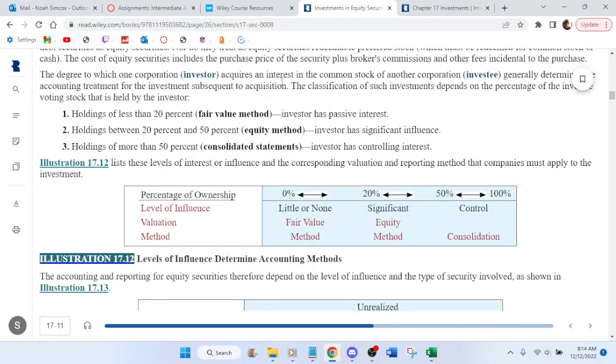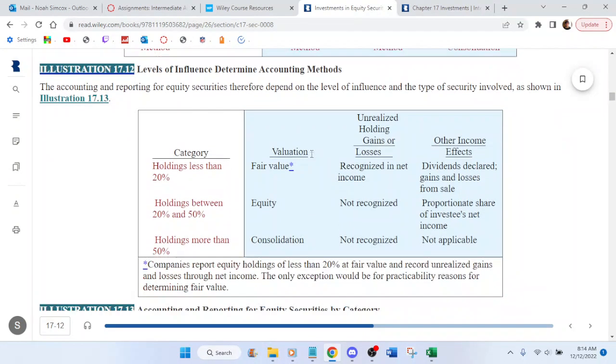If you have little influence, you use fair value method. If you have significant influence, use equity method. And then if it's 50% to 100%, it's consolidation. Okay. Fair value, equity, consolidation.